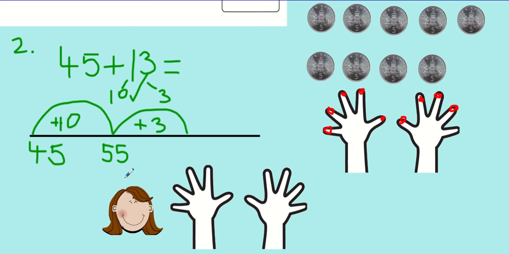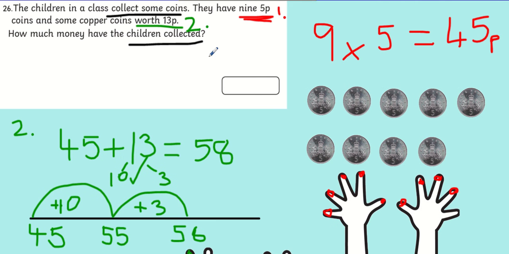I'm putting 55 on my head because that's where I've got to so far. I'm going to add on 3 because those are my 1s. Ready, go. 55, 56, 57, 58. So I've landed on 58. So how much money have the children collected altogether?